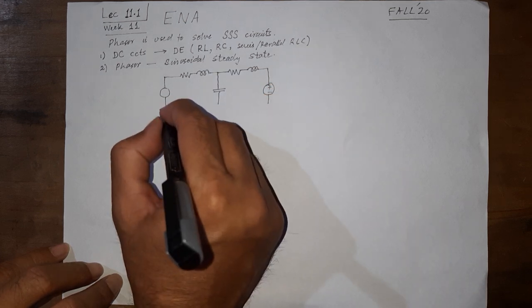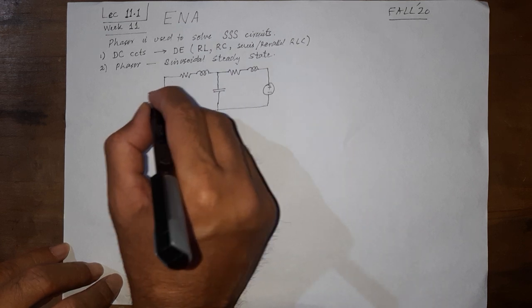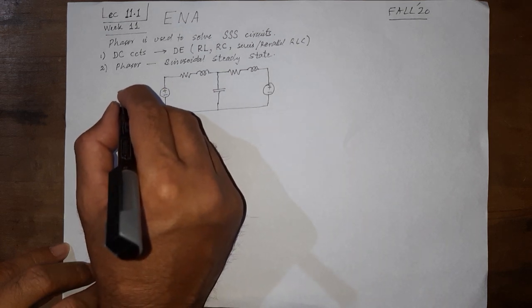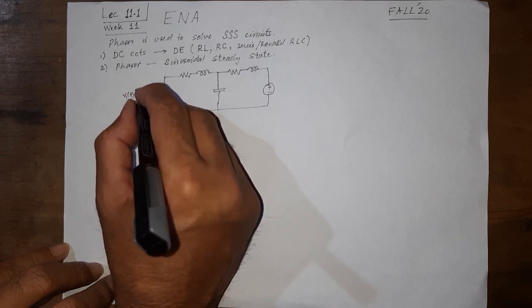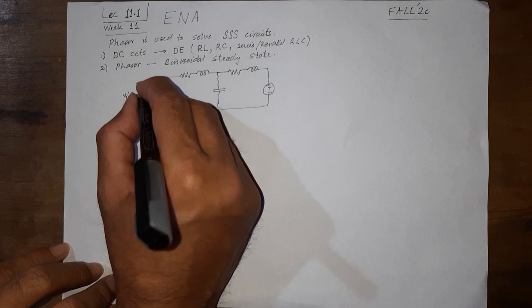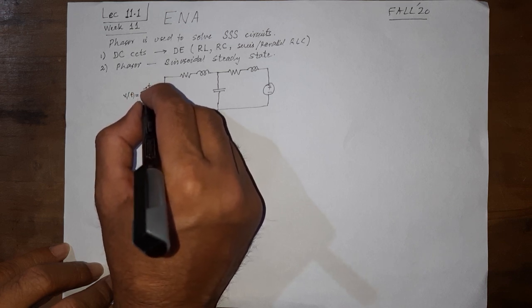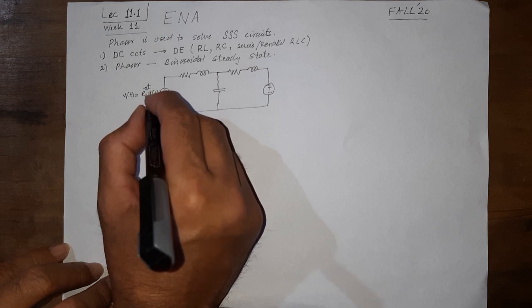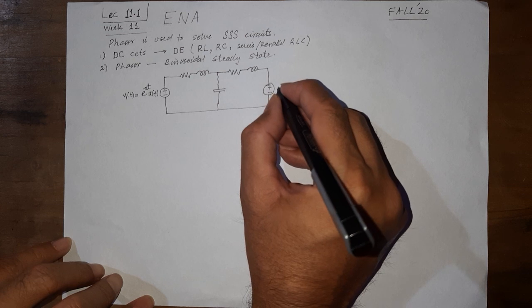And these voltage sources are not sinusoidal sources. Say this one is an exponential voltage source, e raised to the power minus 2t, u(t). u(t) is the unit step function, that is 0 before t is equal to 0 and 1 after t is equal to 0.